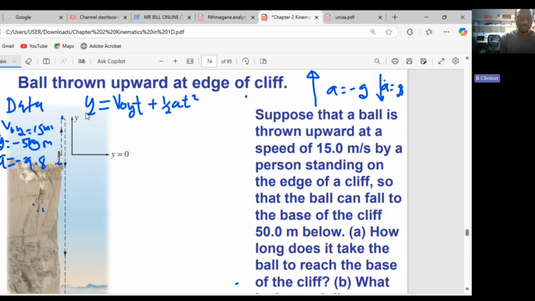And we are provided with the height, which is minus 50, is equal to the initial velocity, 15 meters per second, times time, t, plus half a t squared, where a is minus, so we'll put in brackets minus 9.8 times t squared. So this is going to give us minus 50 on the left-hand side is equal to 15t.